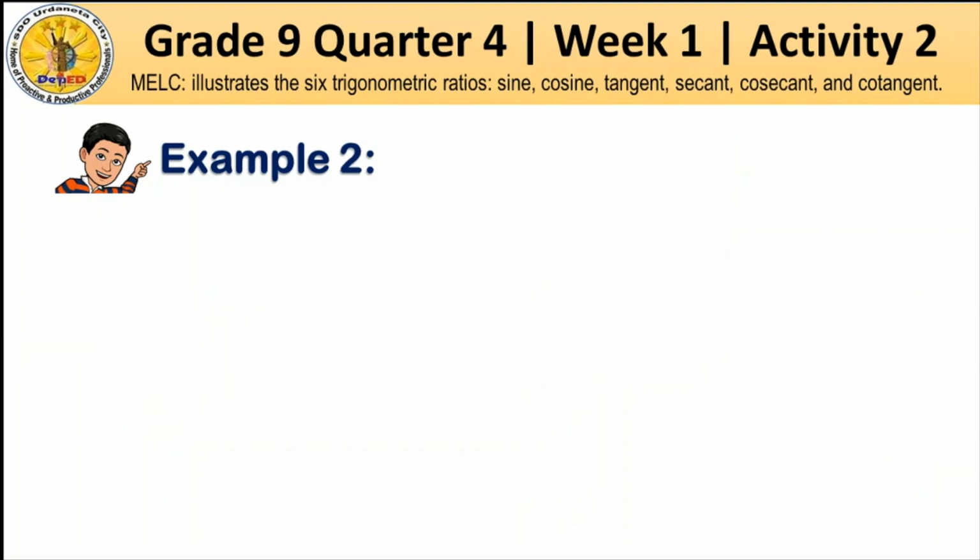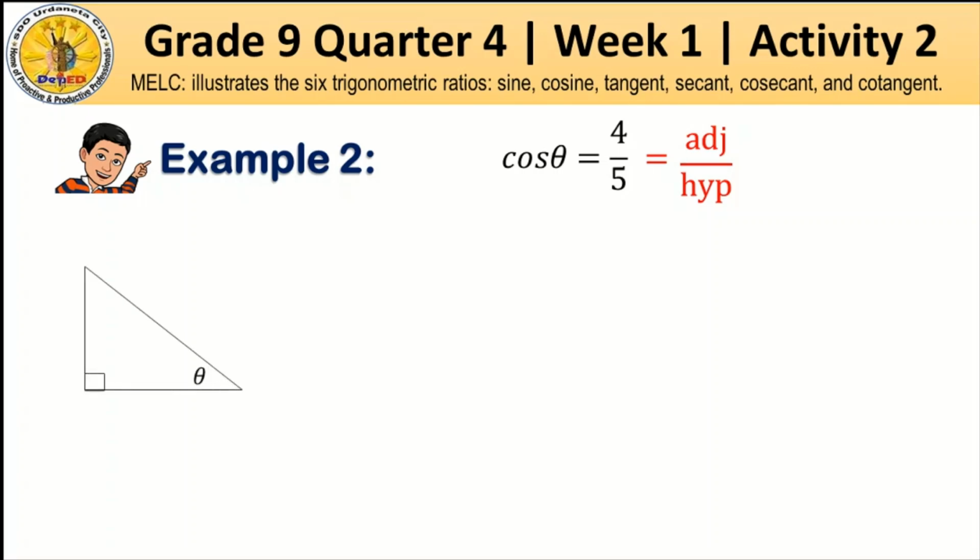How about this example? Cosine theta is equal to 4 over 5. We know that cosine theta is equal to adjacent over hypotenuse. Just like what we did in the previous example, we first draw a right triangle and label it using the values given.